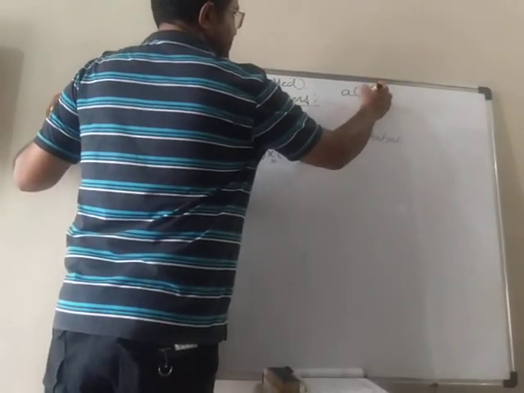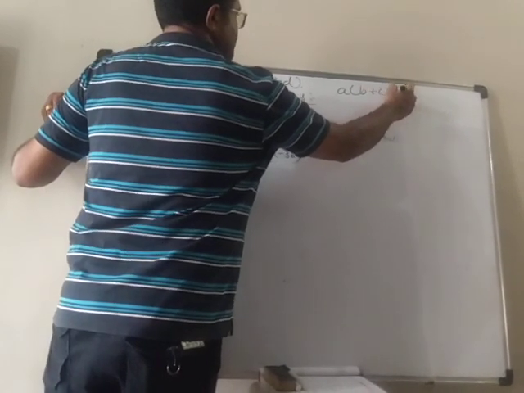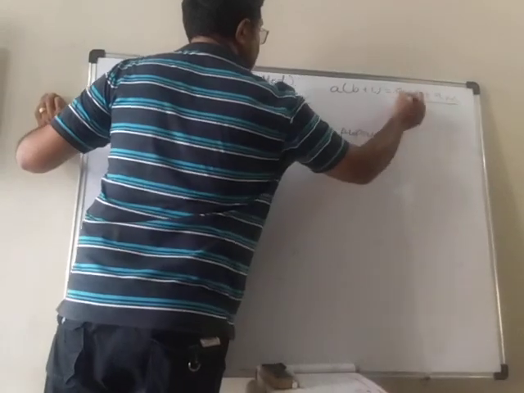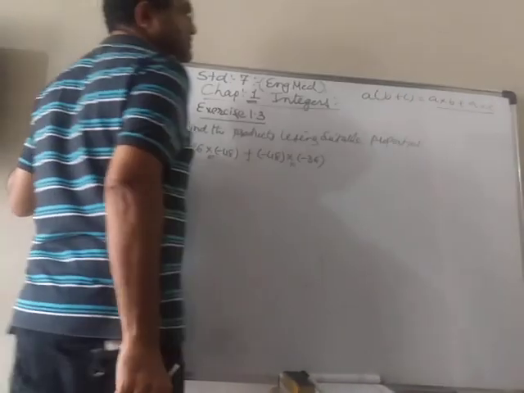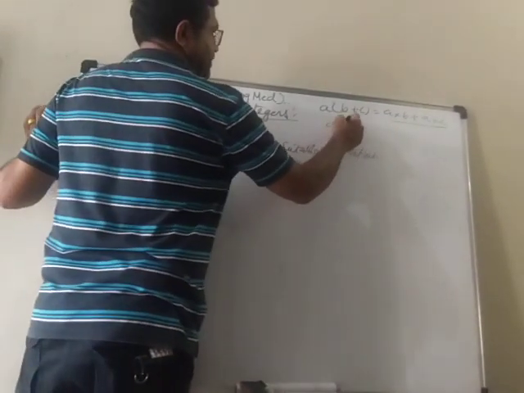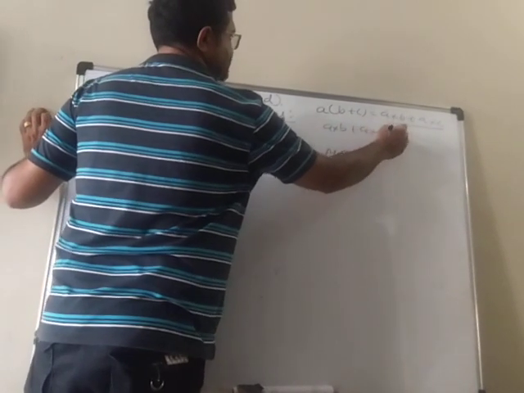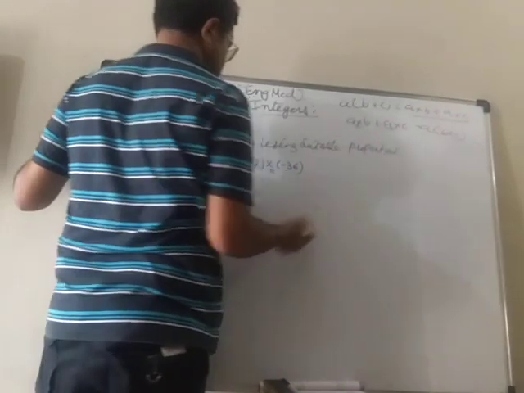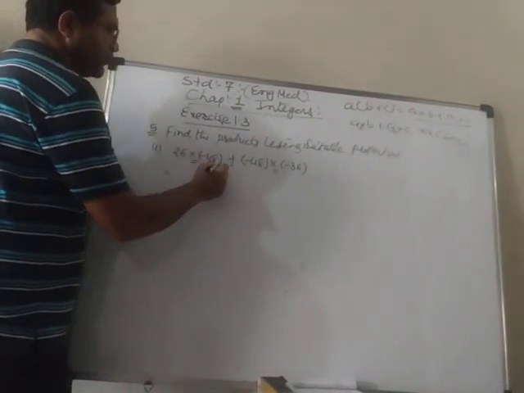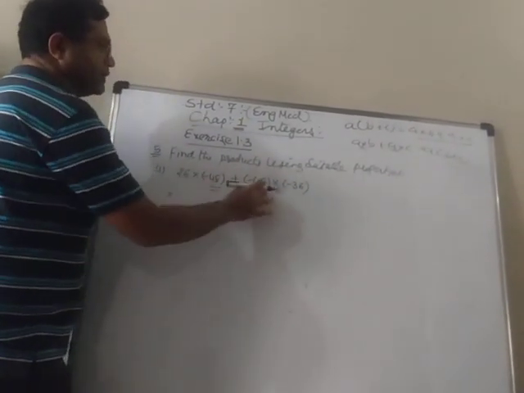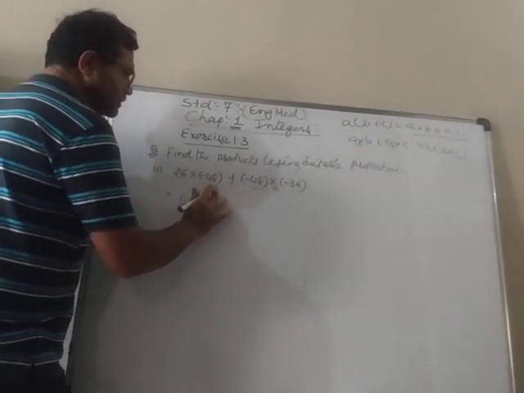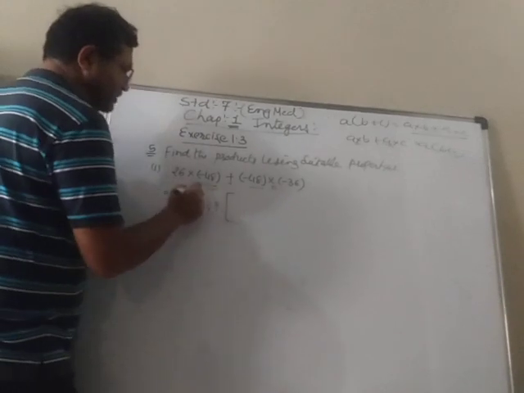Our distributive property is A multiplied by (B plus C) is equal to A multiplied by B plus A multiplied by C. Now we have to take it in reverse: A multiplied by B plus A multiplied by C. What is common? A into bracket B plus C. So here you can see that minus 48 is common in both the terms, so minus 48 will be outside and then multiplication.